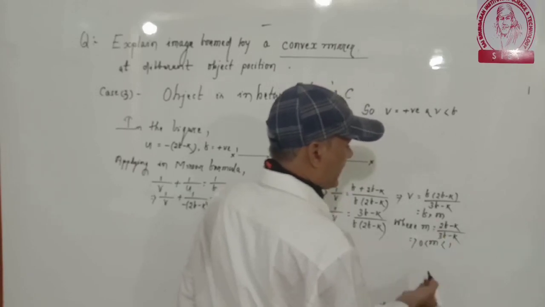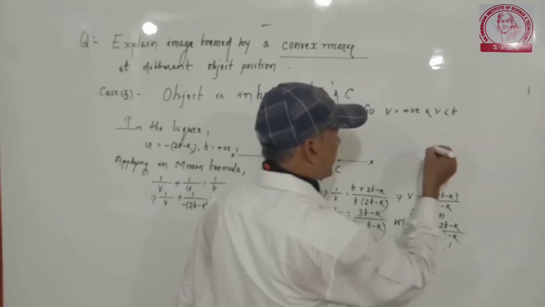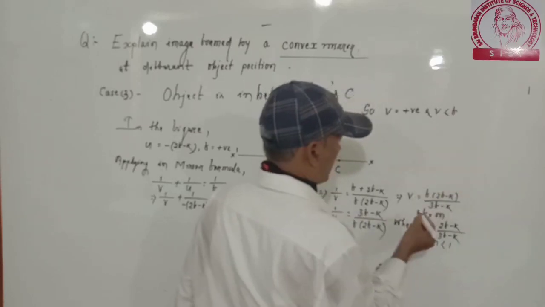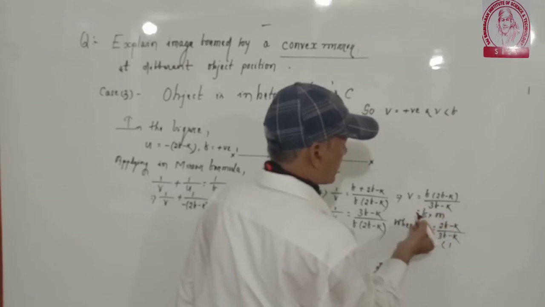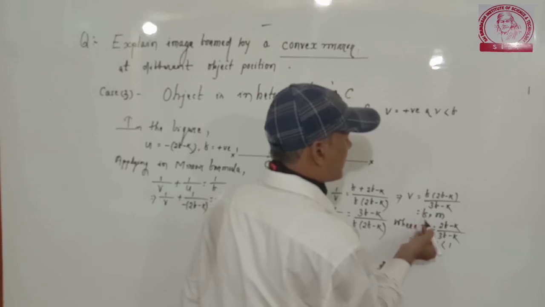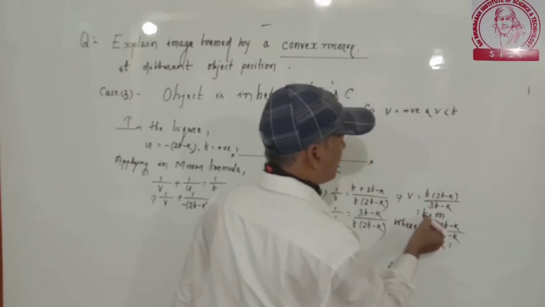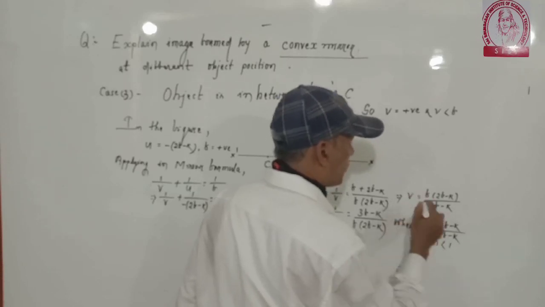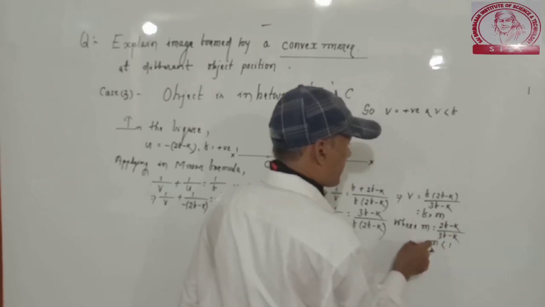A quantity less than 1 and greater than 0 multiplied to a certain quantity will decrease its value. So with F into M, the value of V will be less than F. If M is greater than 1, the magnitude of V will be greater than F. But in this case, M is less than 1.